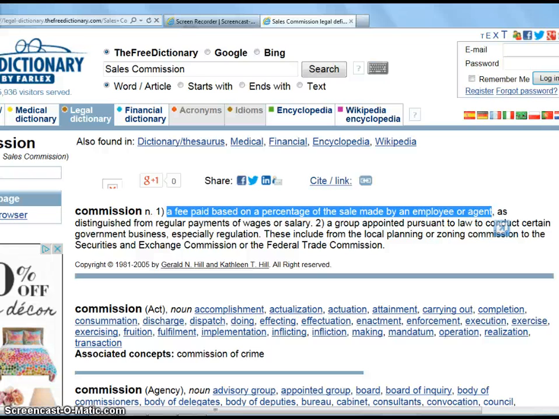A good example of this is a car salesman often gets paid by commission. If they sell a car, depending on how much that car is worth, they get so much of that money goes to them. Okay, so a commission is how much you get paid based off how much you sell.